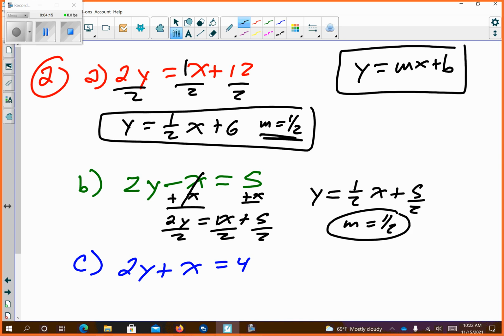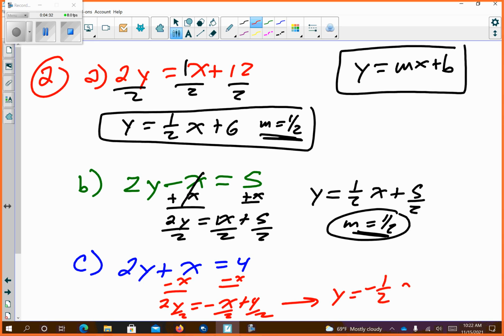Okay, so we're looking at the slopes. That's the important thing. And then the third one, let's see, I'm going to subtract x from both sides. Divide everything by 2. So it gives me y equals negative 1/2 x plus 2. So this has a slope of negative 1/2.